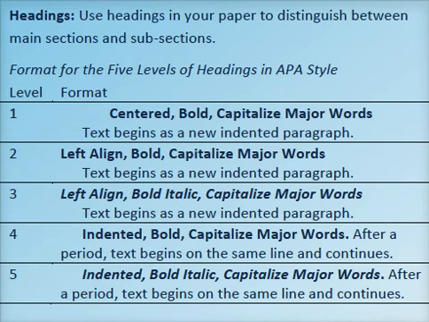The other levels are maybe more for intense research with multiple major findings and sub-findings underneath of them. But for now, just concentrate on the first 3 levels of headings and how we can use that in our essay writing.